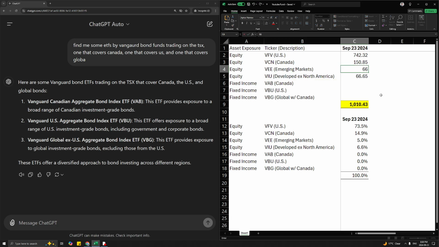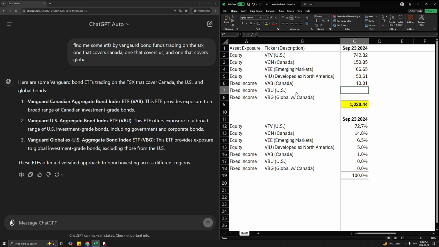66.65. I'm gonna order it by my weight, just so I'm not getting confused. 66.65, 50.61. VAB at 10.01. VBU. Wait.